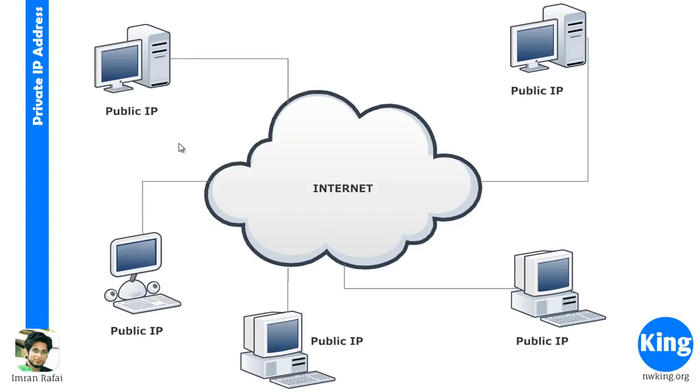So maybe they did not anticipate the internet growing as it did in the last couple of decades, and very soon they realized they would run out of IP version 4, and that is when IP version 6 was designed. And also concepts like NAT, which we will learn later, which is nothing but network address translation, and private IP came about.